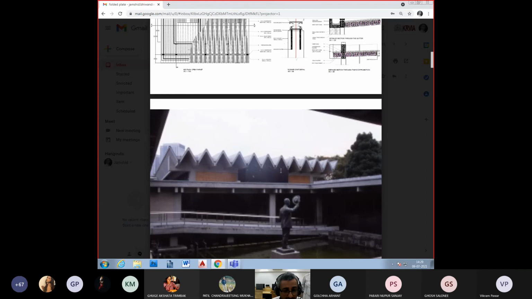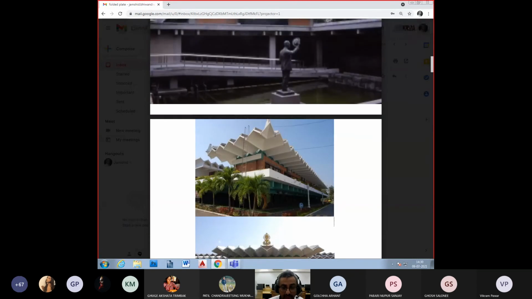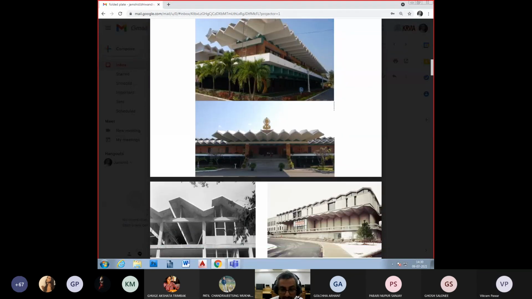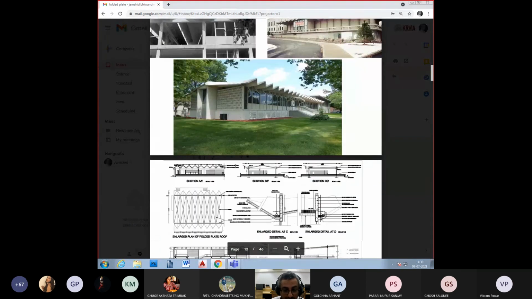And naturally, it's very evident that a folded plate structure brings about a certain character. And should you be comfortable with that character, then how best you can make use of it, and how you ensure that you don't end up hiding the folds behind the diaphragm walls, and how you are able to celebrate it if you believe that the folds contribute to the character or the identity of the building.